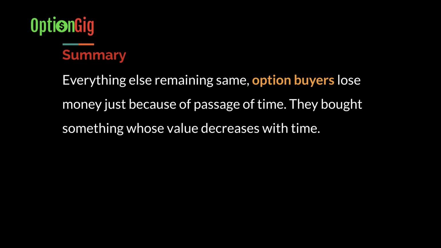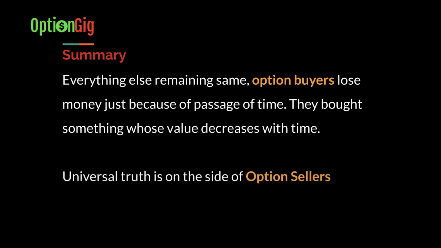So if I buy an option, I'm buying something which I know will decline with time. I would rather sell that thing because I know I'm selling something which has some value, and the value will get closer to zero when the option expires. So the universal truth that time always moves forward is on the side of option sellers.